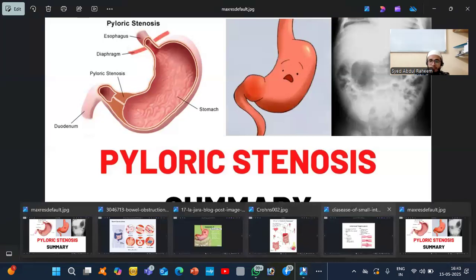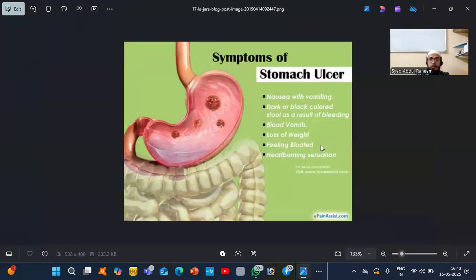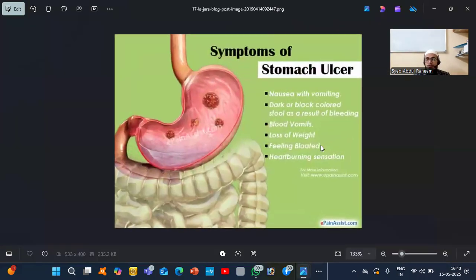After that, the most important type of pathology in the stomach is stomach ulcer. We also call it gastric ulcer. Ulcer means that the mucosal lining is disturbed.